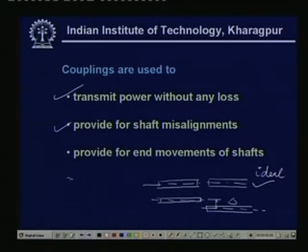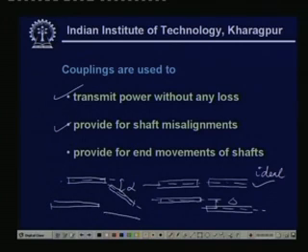There may be another kind of misalignment, where there is one shaft and the other shaft is skewed a little bit by an angle alpha. There may be a combination of these two, where both are angularly misaligned, there is an angle alpha between the two axes and there is an offset delta.